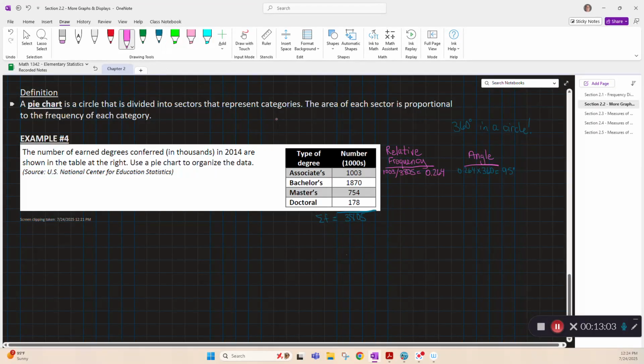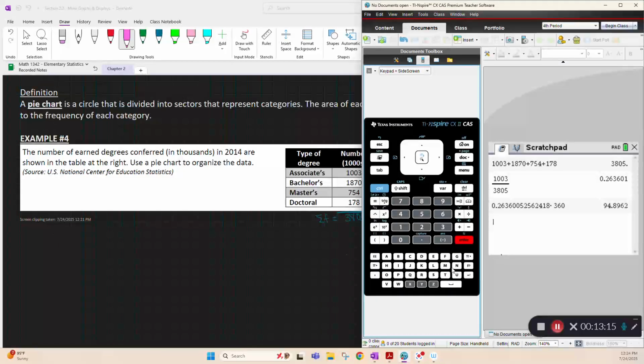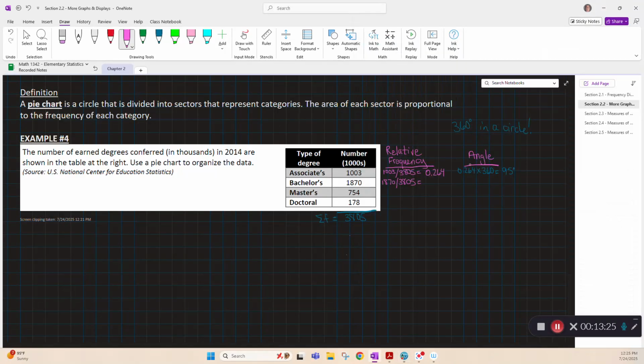Okay. And then I move on to bachelors. So 1870 divided by 3805 is 0.491.